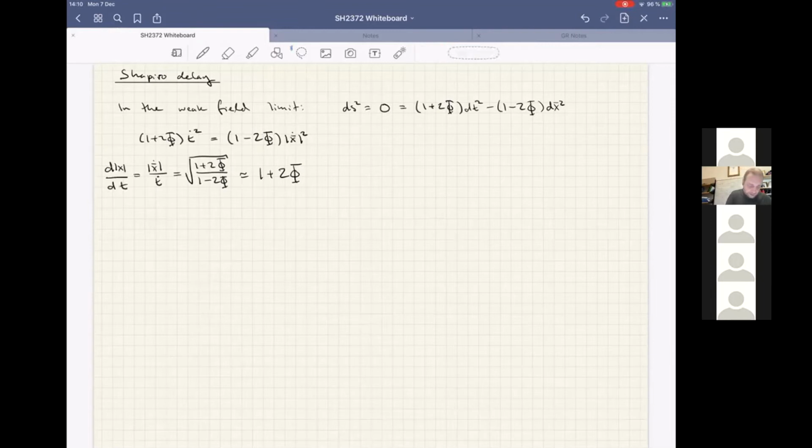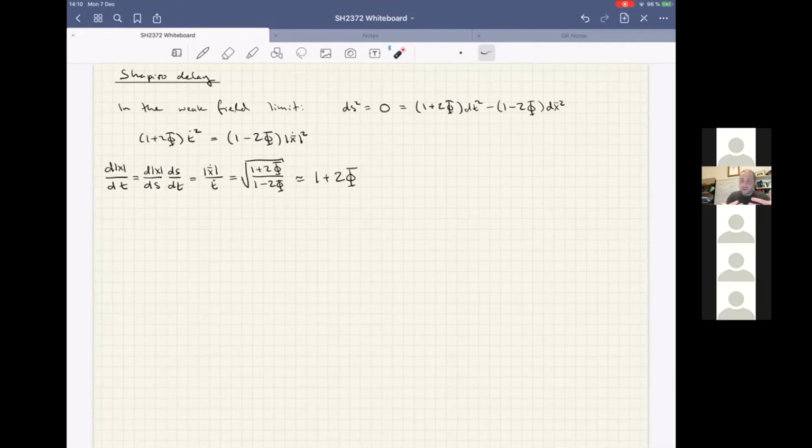So this is the change in coordinate distance per coordinate time.